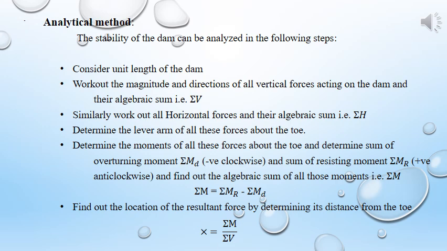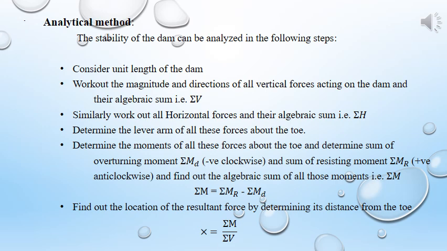Find the algebraic sum: summation of M is equal to summation of M r minus summation of M d. Then find the location, that is the distance x bar, or x, of the point of intersection of the resultant force with the base from the equation x is equal to summation of M upon summation of V.